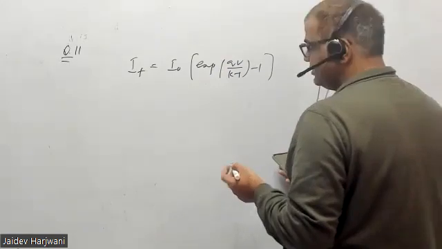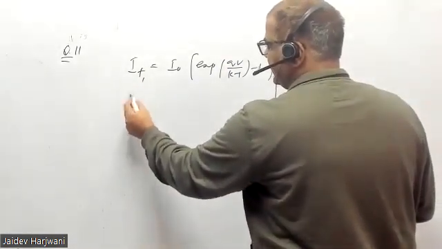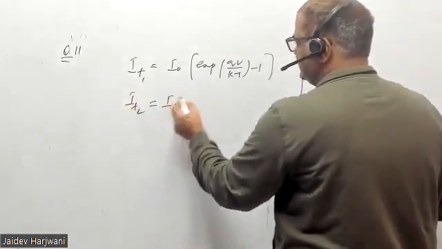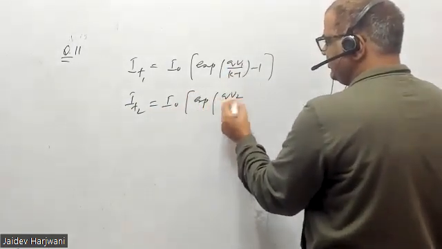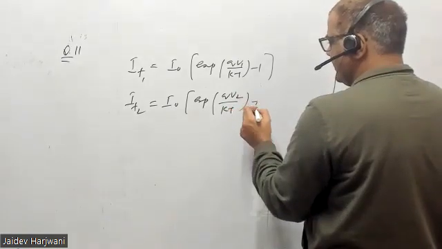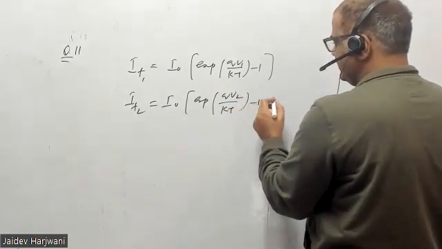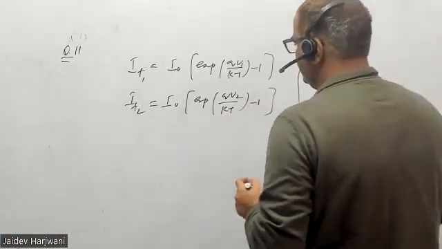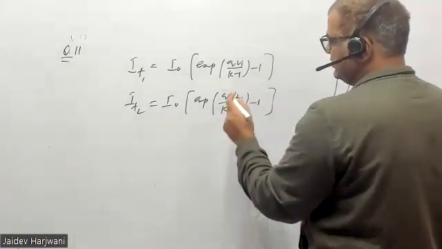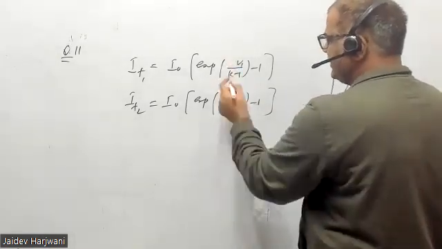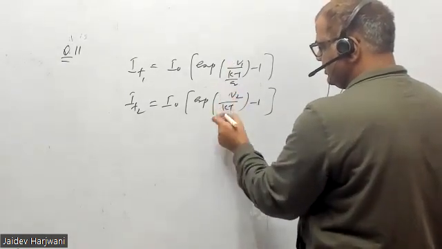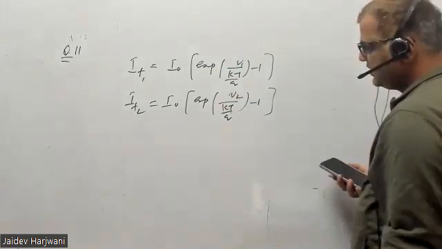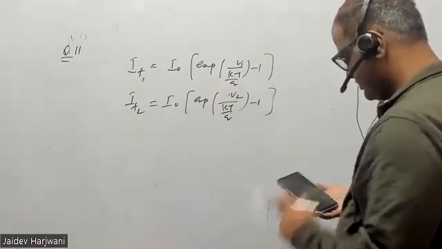Okay, so now say the first time the current is IF1, the second time the current is IF2, with I0, this is V1, say this is exponential qV2/KT minus 1, and this KT by q is the thermal voltage. Okay, this KT by q is the thermal voltage, and this value is already given as 25 millivolt.